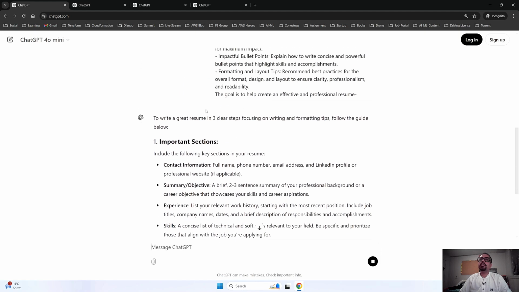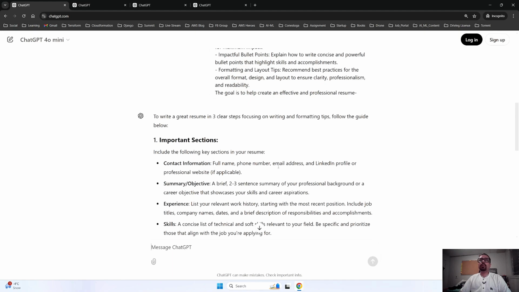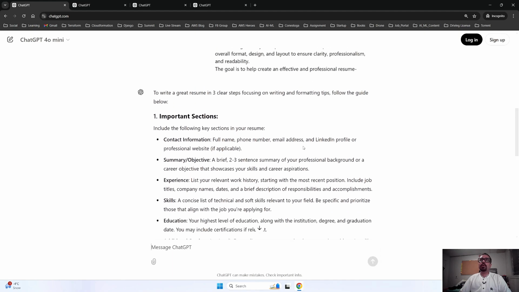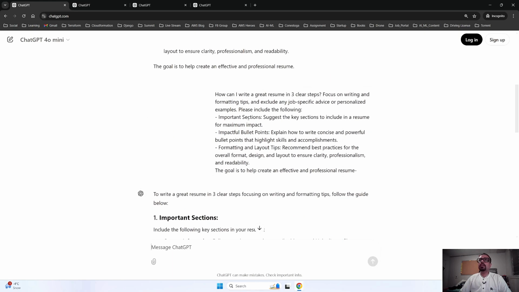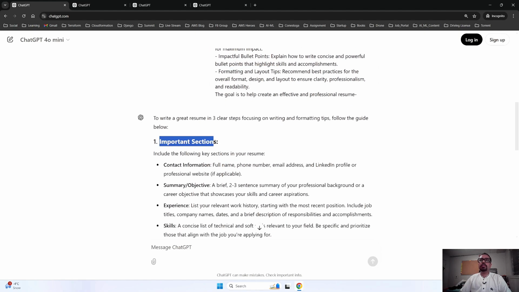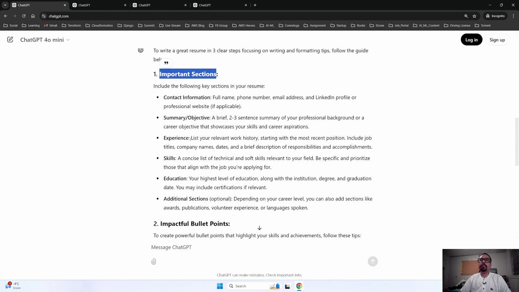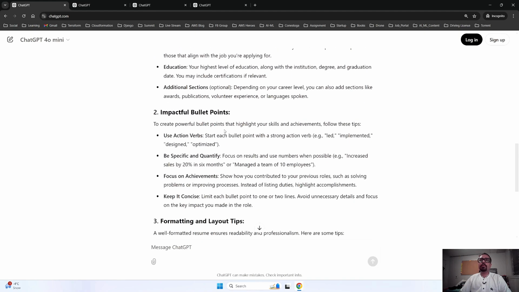Write a resume in three clear steps, focusing on writing and formatting tips. It is first mentioning the important sections. See, important sections. The second one is impactful bullet points, and third one is format and layout tips. First, it has given important sections, what you should all implement.